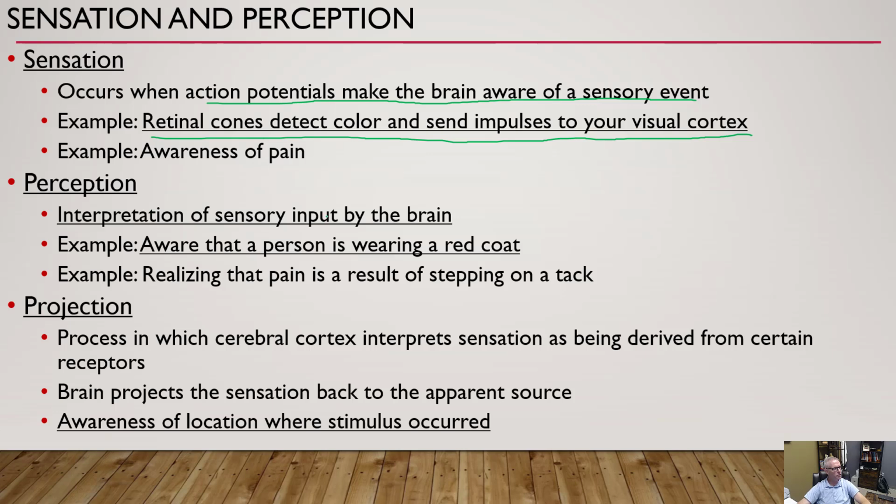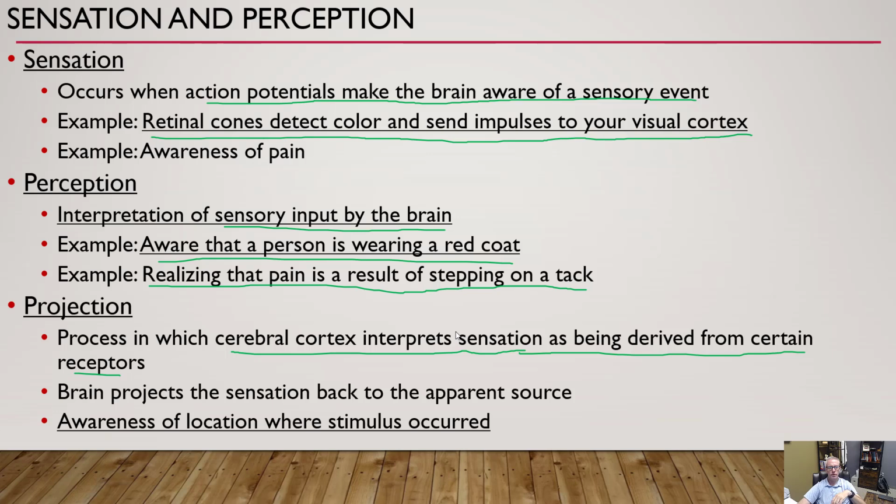And then perception is where your brain has really become aware of that pain. Your brain is interpreting that pain. So here, that pain is a result of stepping on a tack. Or going back to that rods and cones example, now you're aware of that person in that periphery is wearing a red coat.